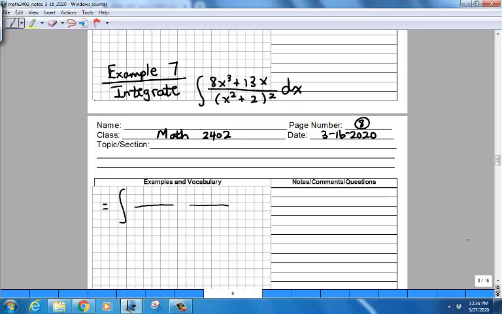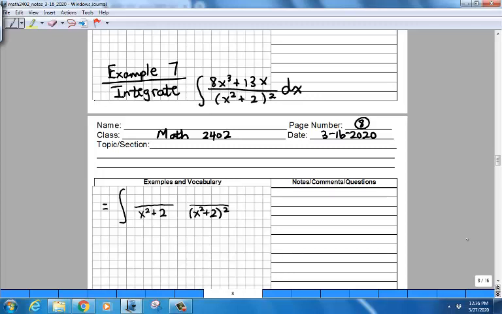So our factors here of our denominator, since we have the x squared plus 2 squared, recall from the previous example, you're going to have to write that as x squared plus 2 to the first power in one denominator, and then x squared plus 2 to the second power in a second denominator.